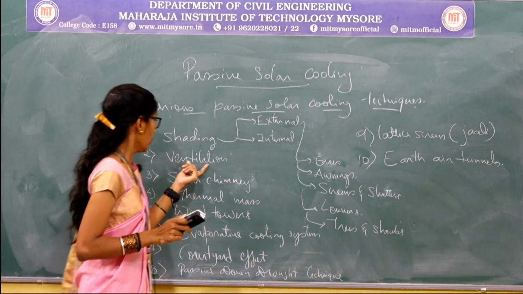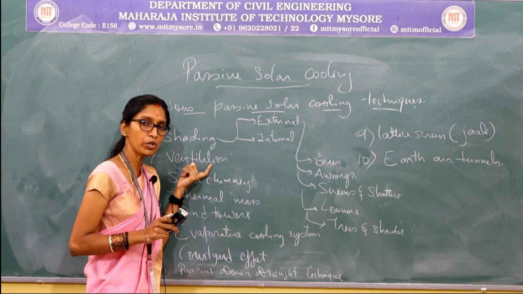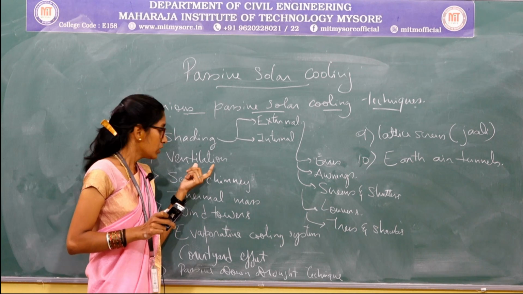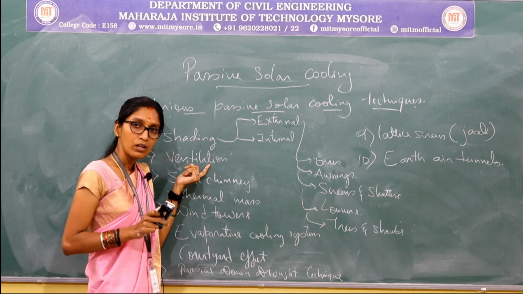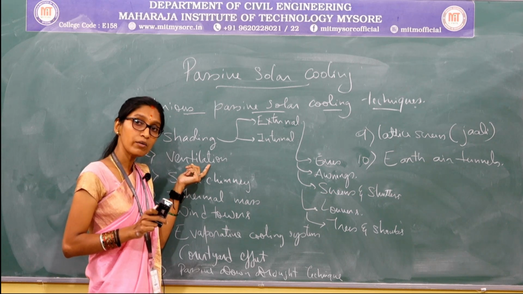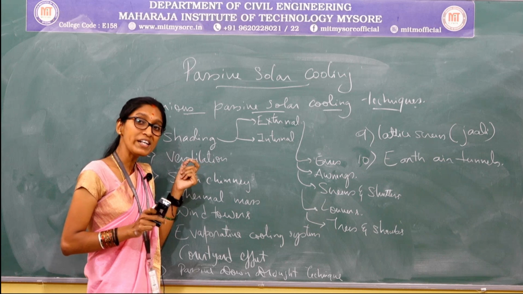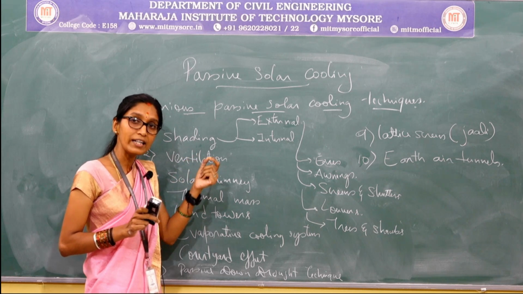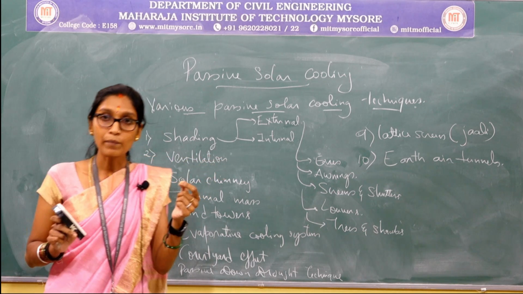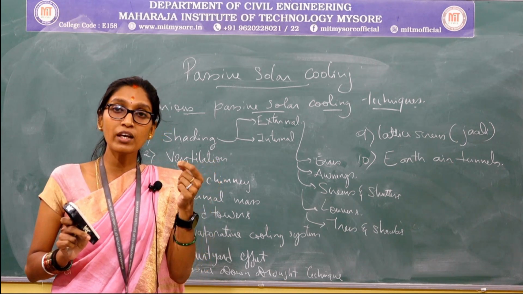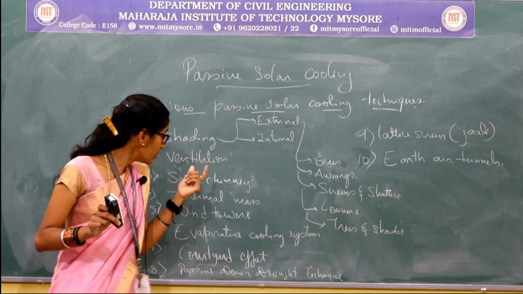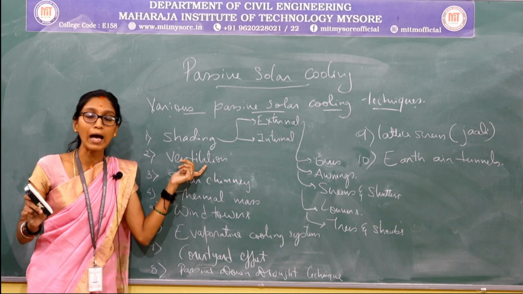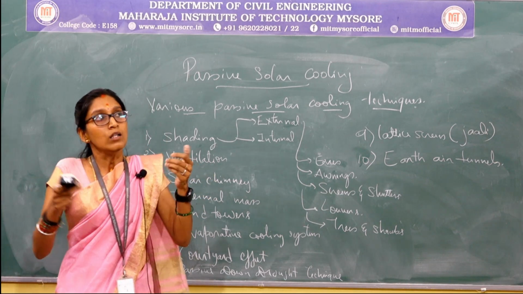Next, ventilation. What do you mean by ventilation? The word itself is telling you that it is a free movement of air. Ventilating. That is, I am making a vent which makes the free movement of air happen, right? So how does the cooling happen through ventilation?